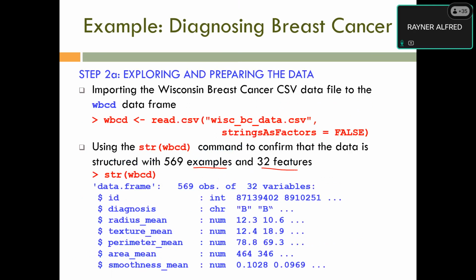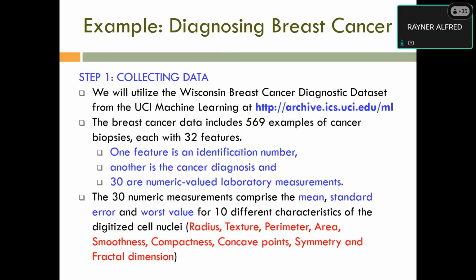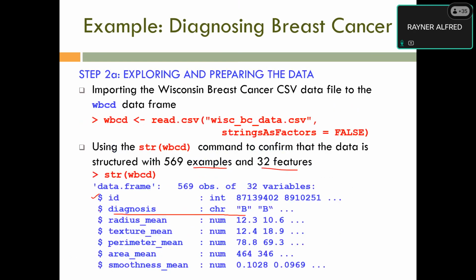Okay, so we have the ID. This is the label that we have. So we have benign and malignant. This is the label that we will be using.